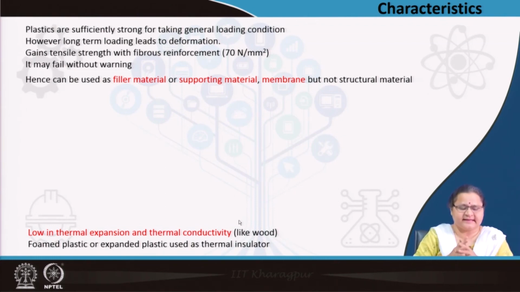So, it gains tensile strength by putting fibrous reinforcement into it, as we have talked of glass fiber reinforced plastic. Then only you can achieve a higher tensile strength of say 70 Newton per millimeter square. They can even fail without any warning. So, that is why none of these plastic materials are recommended as a structural material.